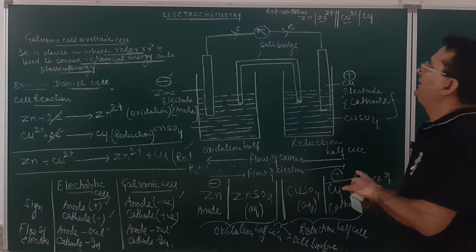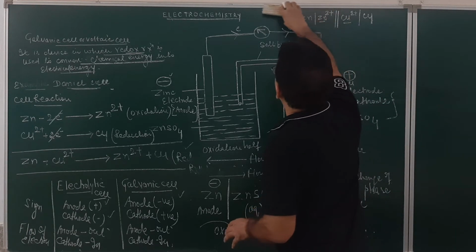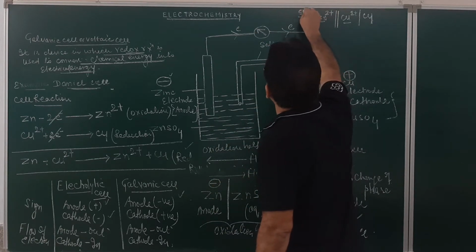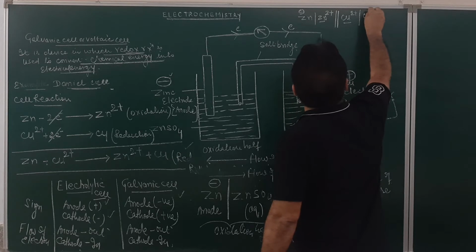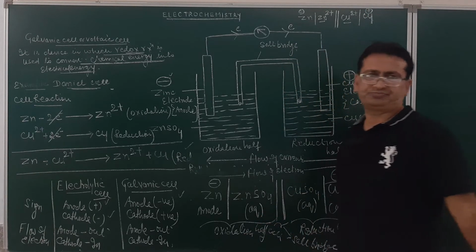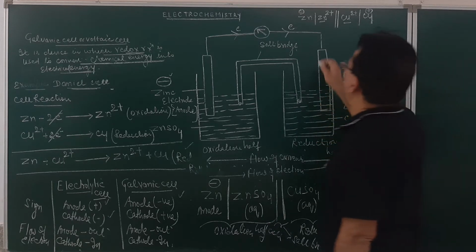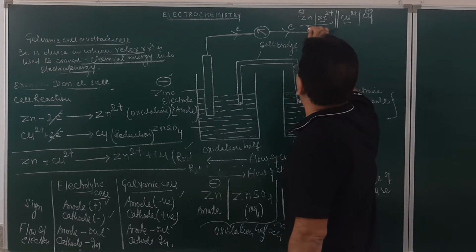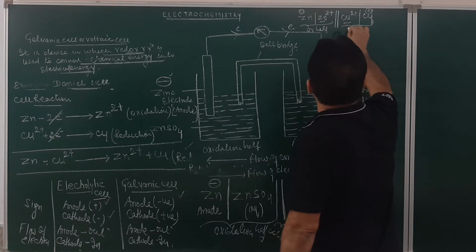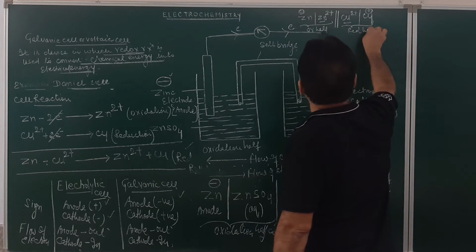And as you know, zinc will be a negative electrode over here. It will be acting as anode. Copper will be a positive electrode. It will be acting as a cathode. This is the oxidation half, and this half will be the reduction half.